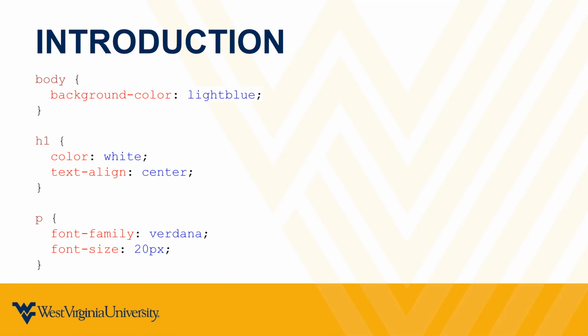Same with the paragraph tag here. The font family code there is just the font that you're going to be using, so Verdana. At the top of your HTML, I believe we stated this in the last session, you'll have link references, and you may have them in your portfolios now.